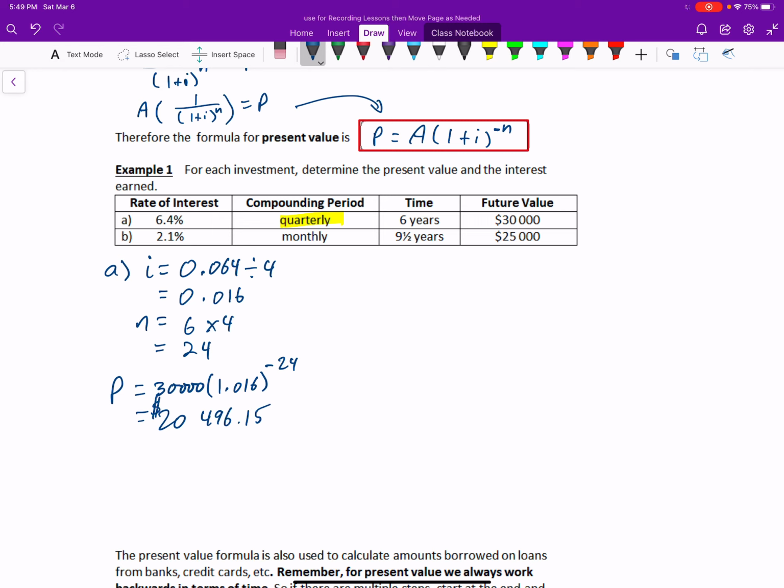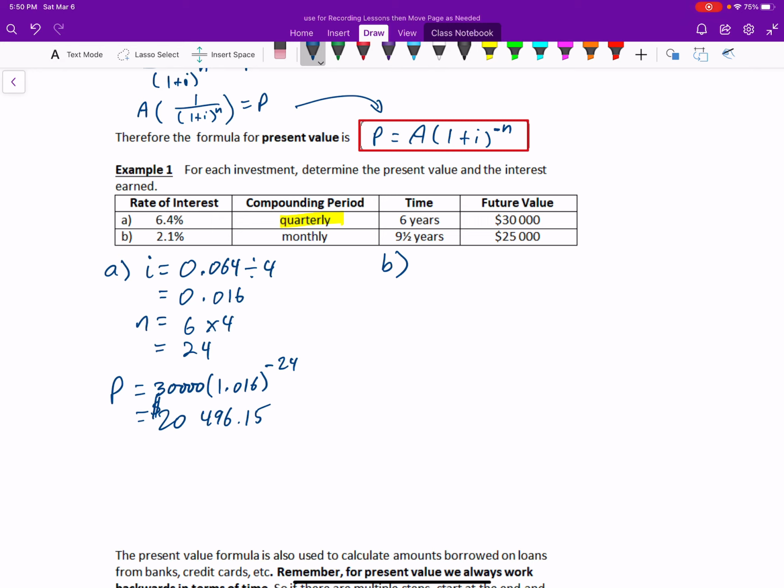So again, what that's telling me is that if I invest $20,496.15 today, and I am able to get 6.4% interest, and I let it sit for 6 years, at that time, after 6 years have gone by, it'll be worth $30,000.